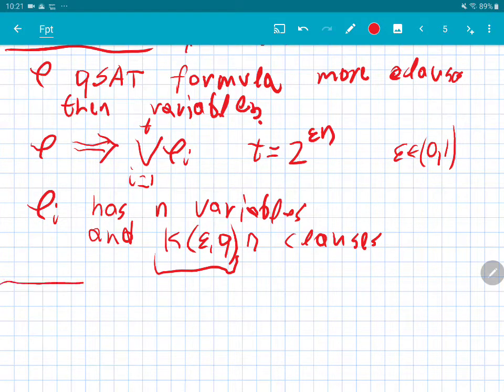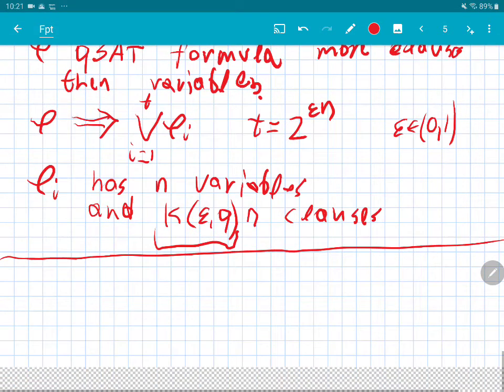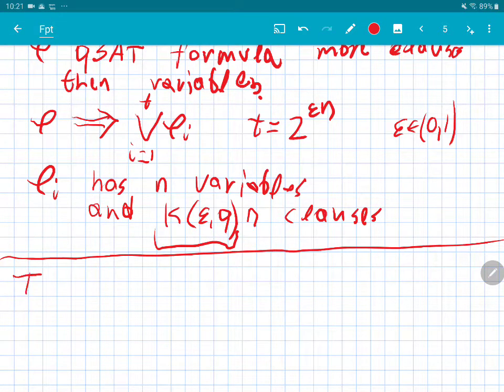Now, why is the sparsification lemma interesting? Well, because it immediately implies the following important application.